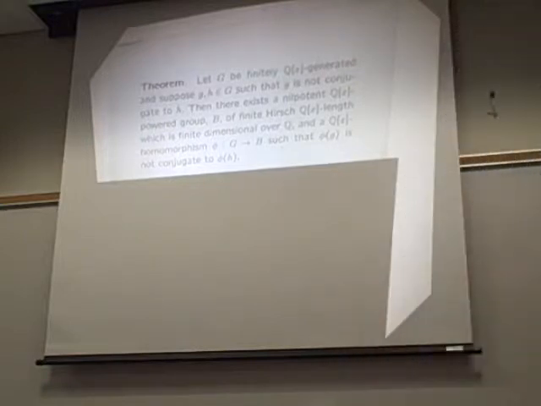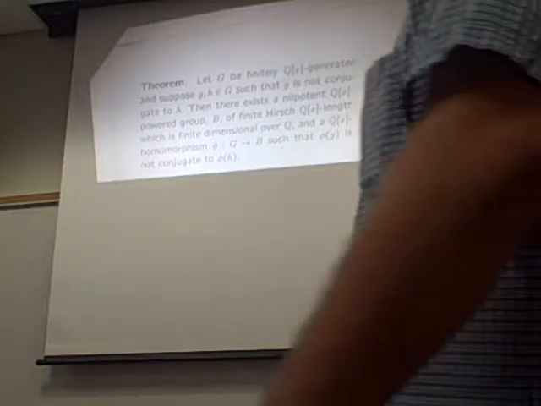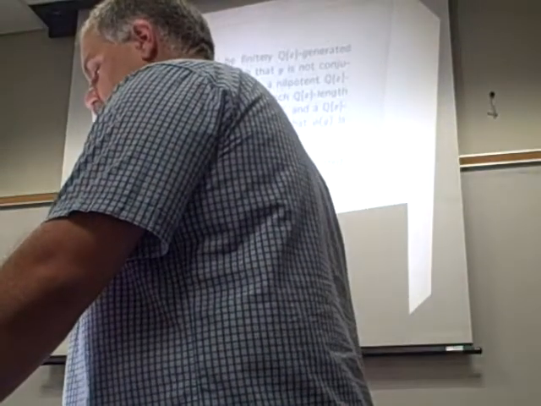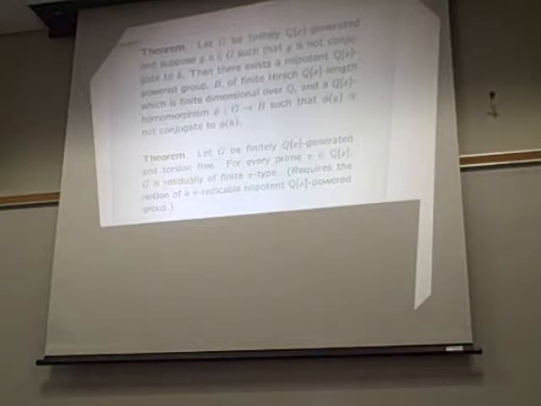Now, if you do induction on the Harshx length, a lot of stuff happens. And believe it or not, the proof uses some of the things proved in the conjugacy problem. So it's pretty cool. Here's another result which is not in my thesis. I came up with it later. Let G be a finitely QX generated, torsion free group. For every prime P, G is residually a finite pi type.